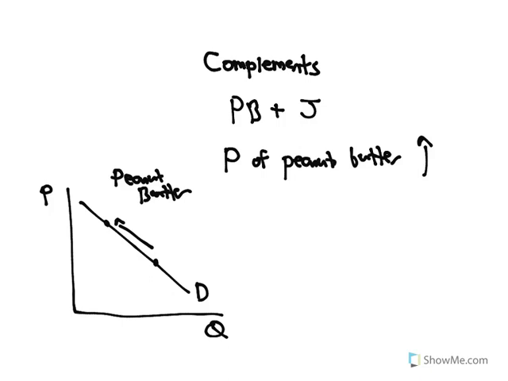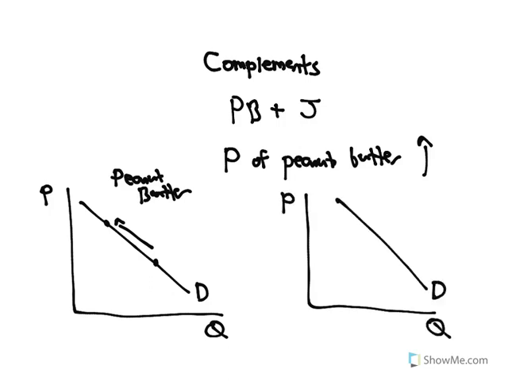But to show this with jelly, we're actually going to shift the demand curve for jelly to the left. It's a little bit different on the jelly side, because in the peanut butter market, we're moving along the demand curve, since all we changed is the price of peanut butter.